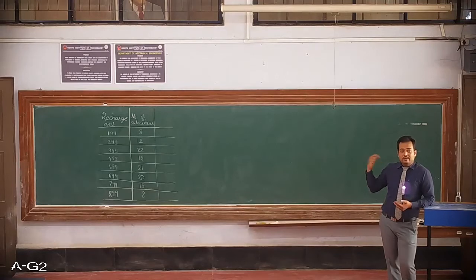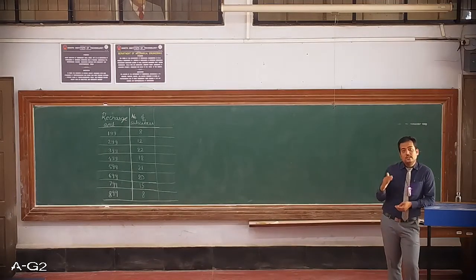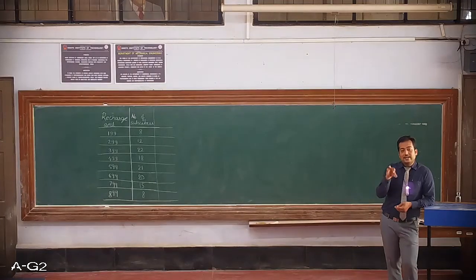So without rechecking this, we cannot declare here that the modal value is 399. We have to apply a grouping method. When it is not a considerably highest frequency, we also have to check the number of elements around it, or how the other elements are dense around one particular value. That is the major concern.